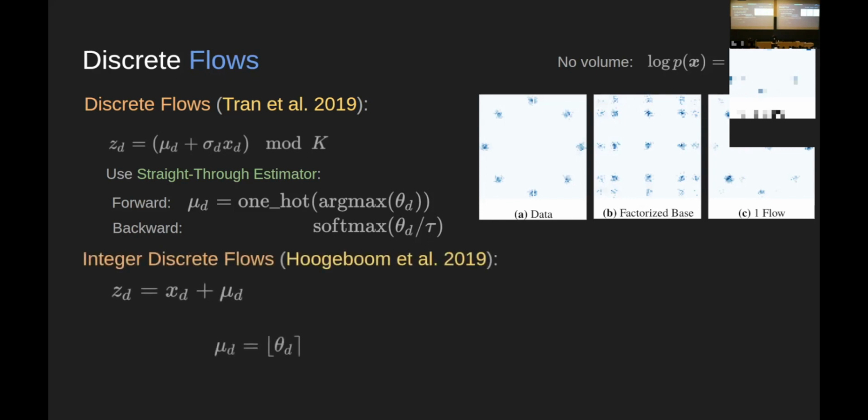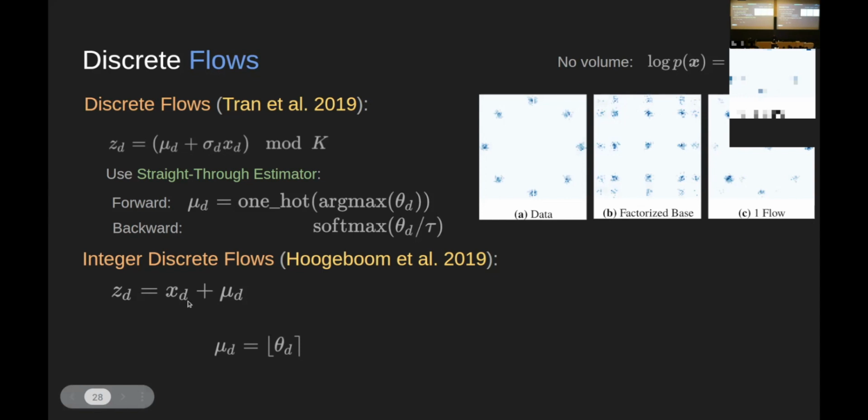Another paper came out around the same time, also on discrete flows, but they considered a slightly different problem. They consider the case where you have the integer line. So it's an ordinal problem where the categories have an order and it's all the integers. And for that, they also use coupling flow or autoregressive flow, where the element-wise transformation is just this.